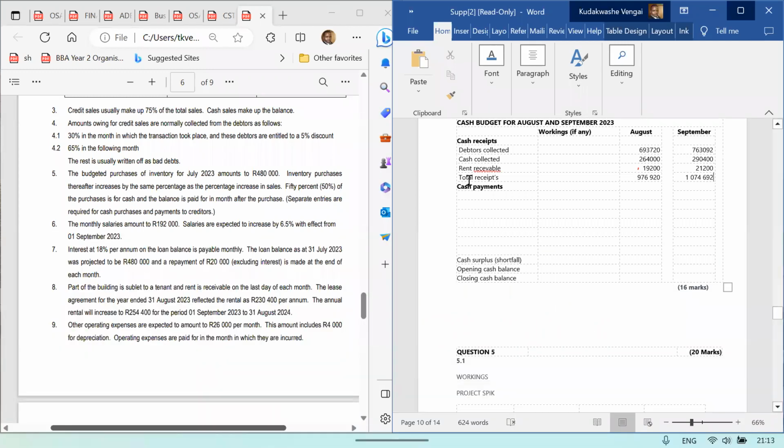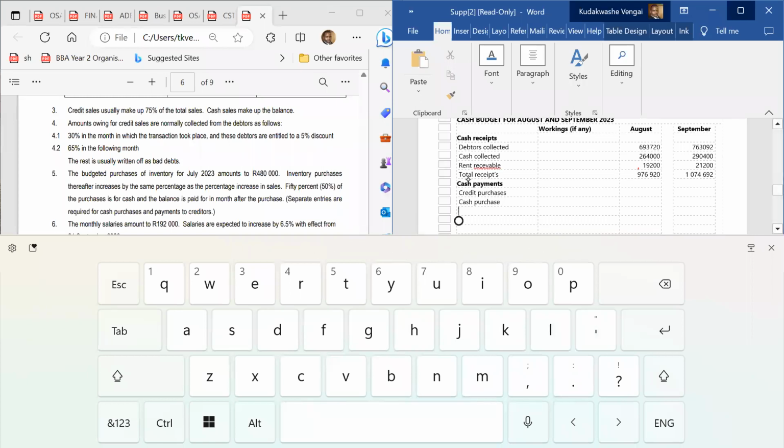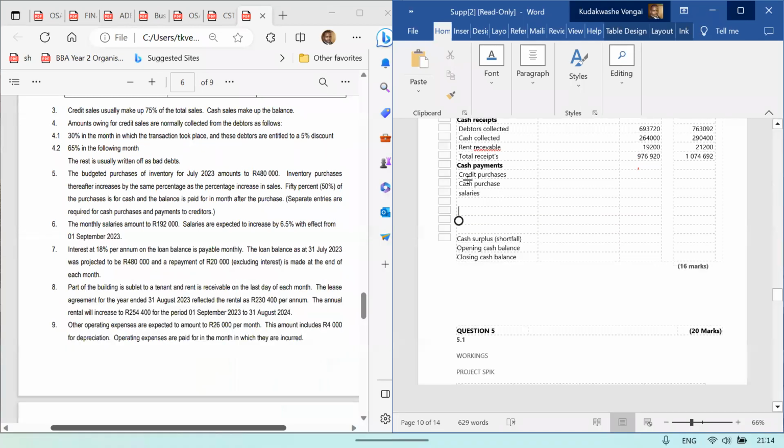Now we go to the payments. So under payments, we are going to have credit purchases. We are going to have cash purchases. We are going to have some salaries, etc. Let's go through it together.